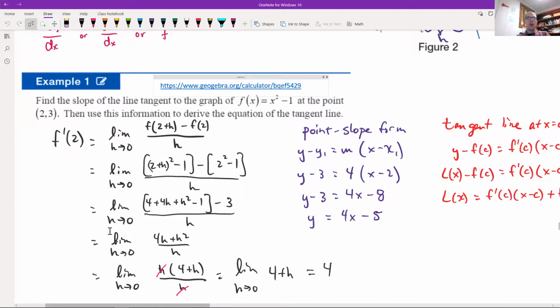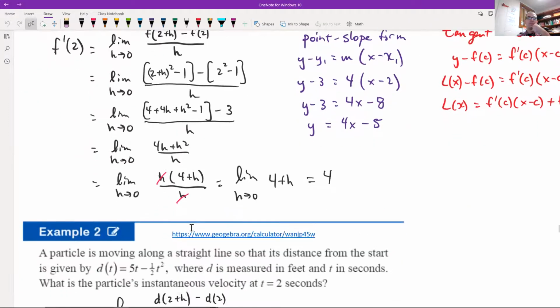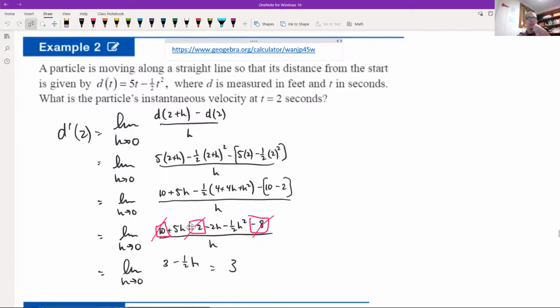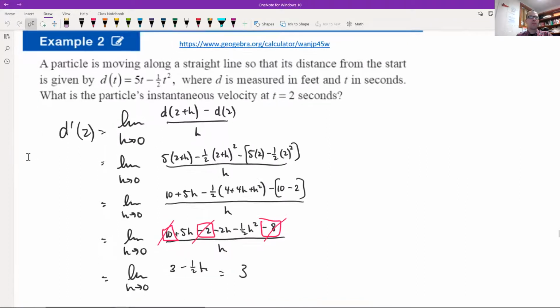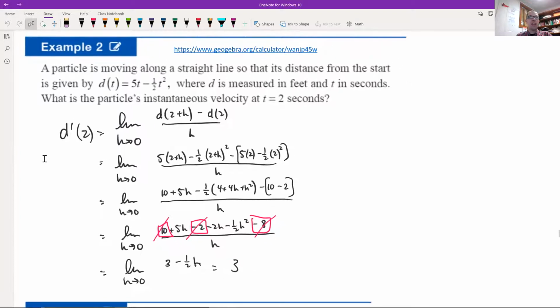Cool. All right, so there we found the derivative using the limit definition. Moving on to example number 2. And yeah, I didn't erase example number 2 yet. If you want to take some time and write this down, you can. But the idea is really the same.